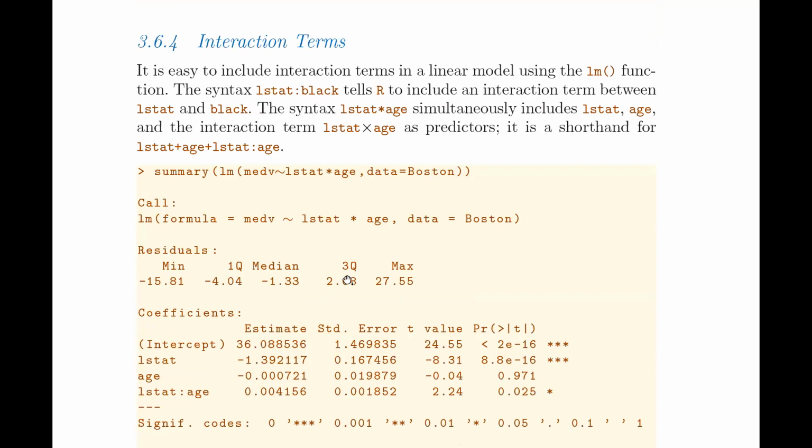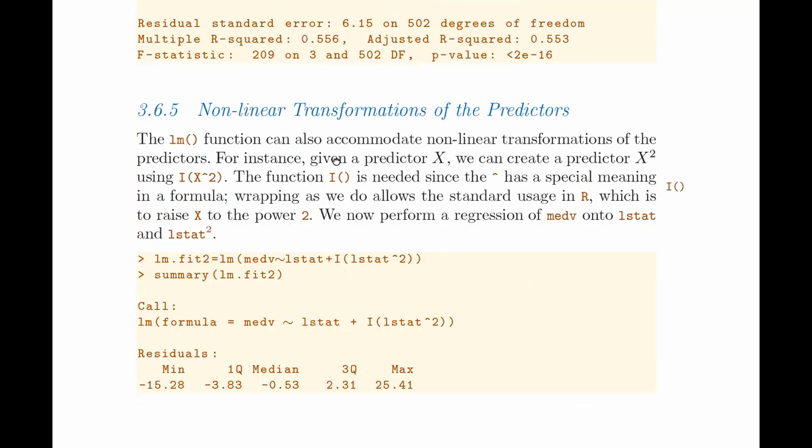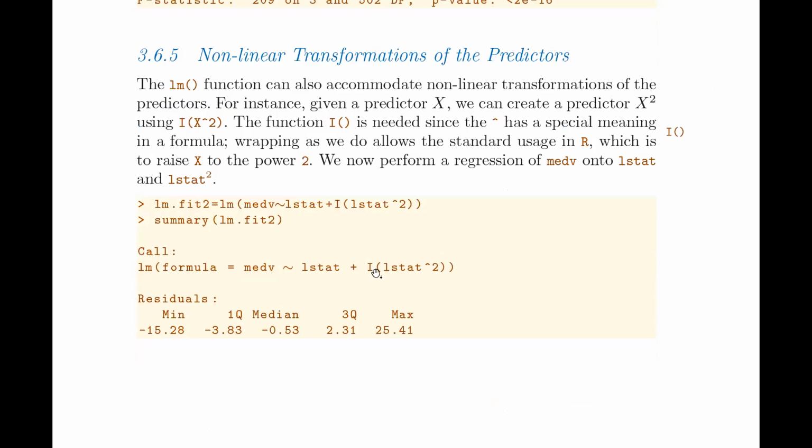Interaction terms. This is it. The LM function can also accommodate nonlinear transformations of the predictors. For instance, given a predictor x, we can create a predictor x squared by using I. That's why it wasn't working. The function I is needed since the hat has a special meaning in the formula.